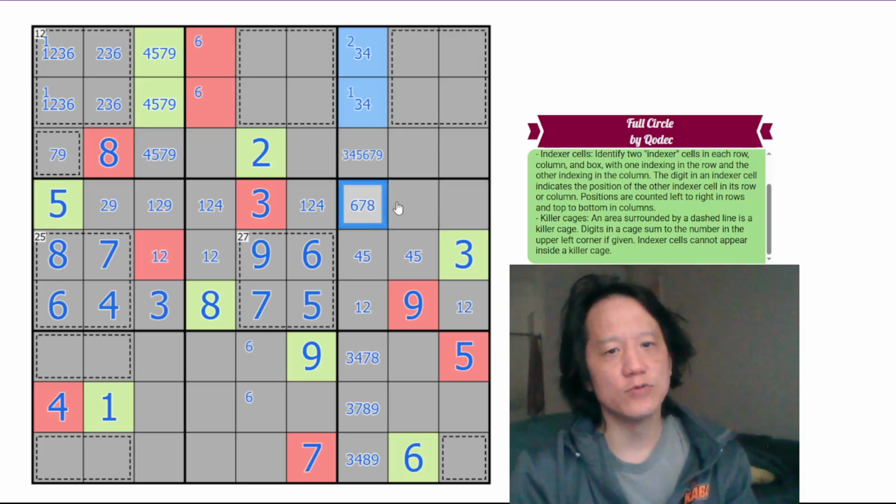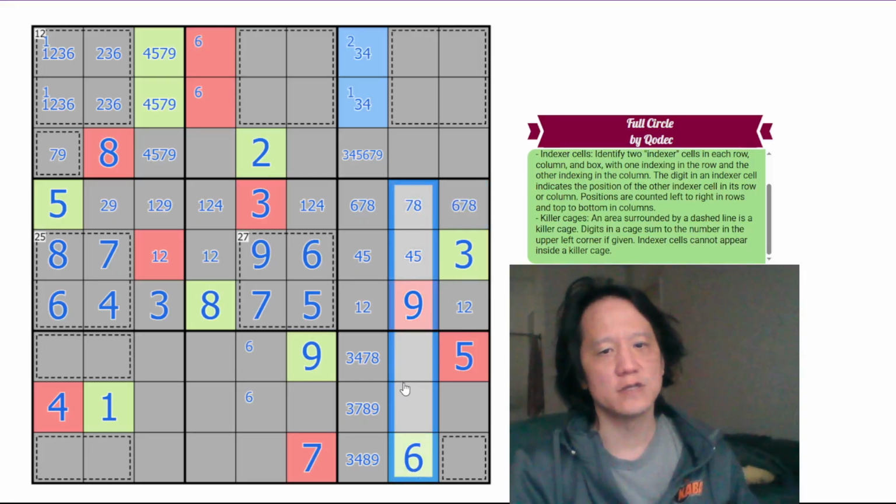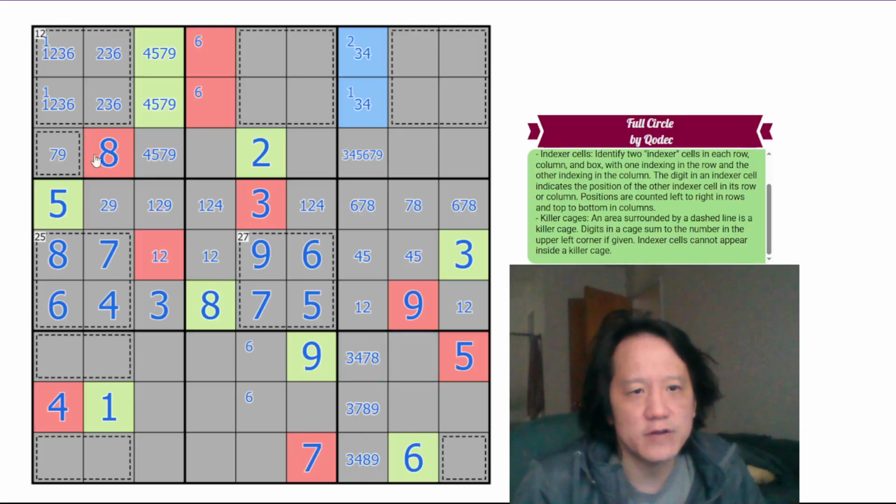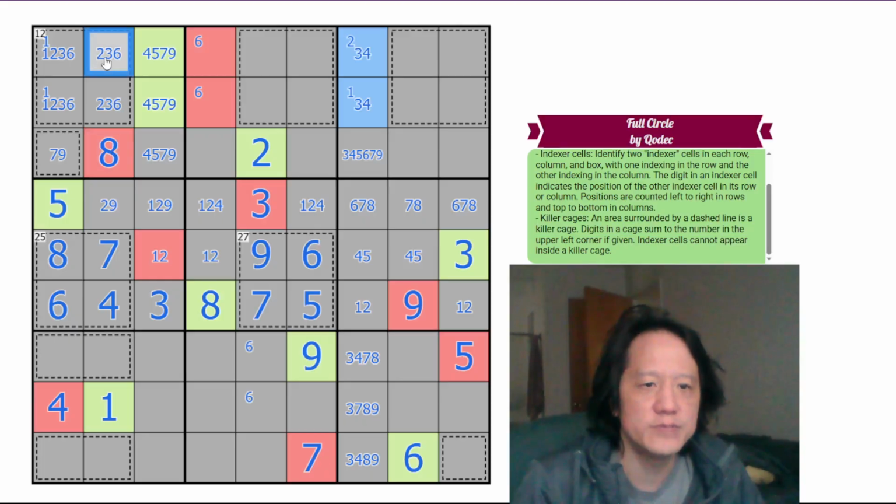Remaining digits in row 4 are 6, 7, and 8. This can't be 6 because of the 6 in the column. So let's make sure. Okay, 8 is referencing the column, so that's saying the other index in column 8 is in the 8th position, which it is. That's saying the 1 has to be in position 4, 1 in the row.